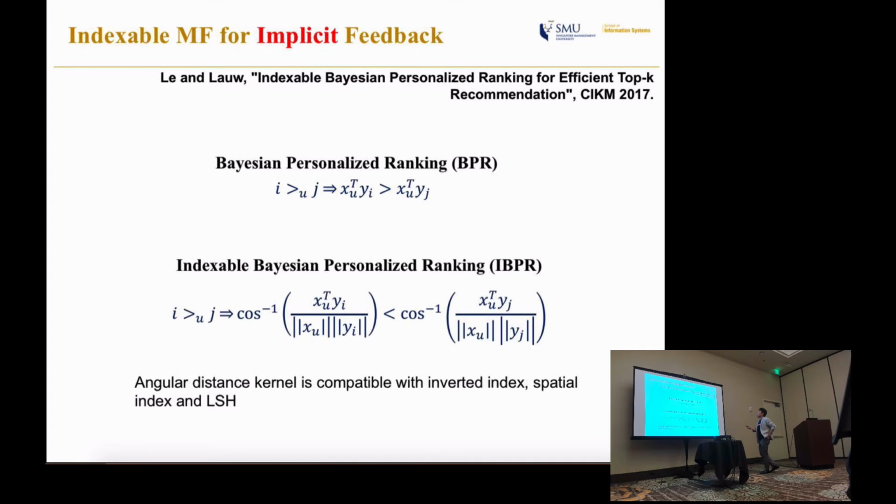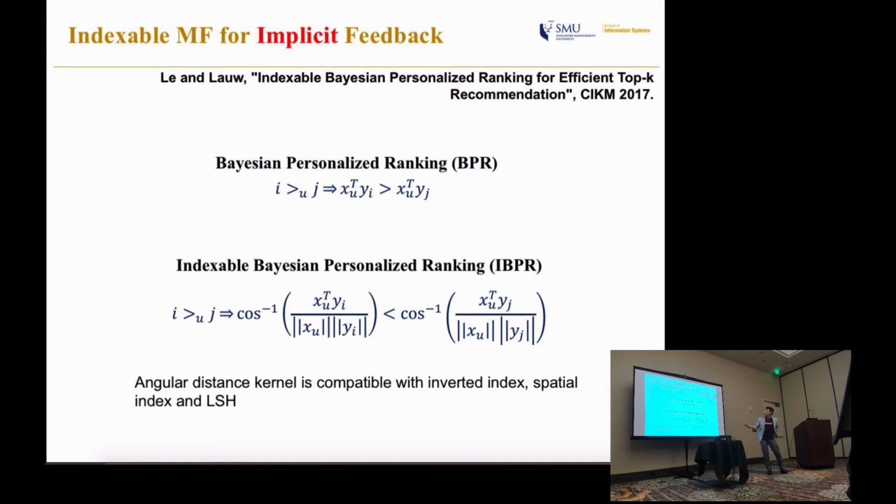Now, this is again we're making BPR indexable. So this is the original BPR objective function, which is to satisfy the triple by making sure the inner product is higher than another. This is another piece of work which we published in CIKM 2017, Indexable Bayesian Personalized Ranking, or IBPR.